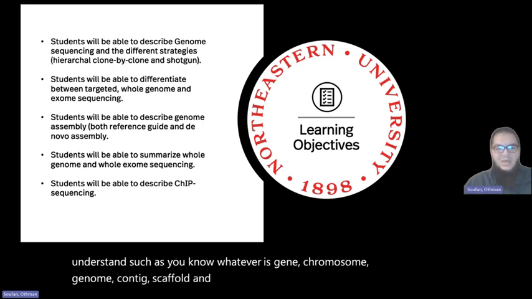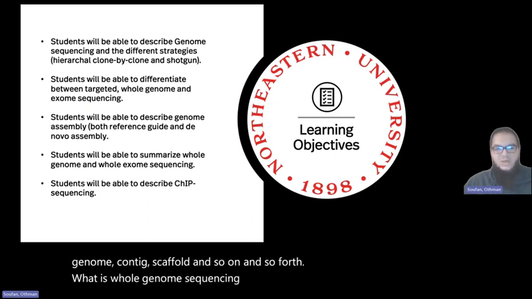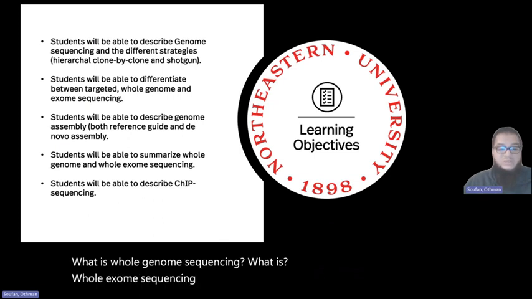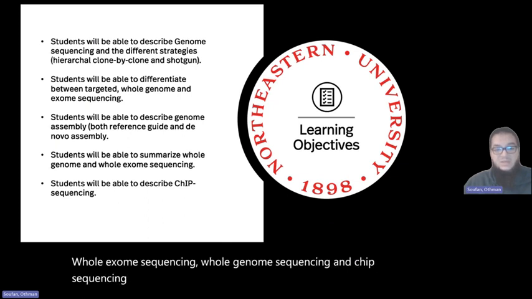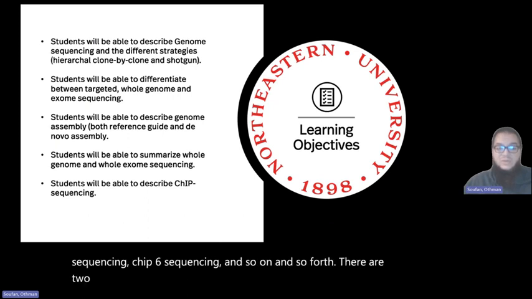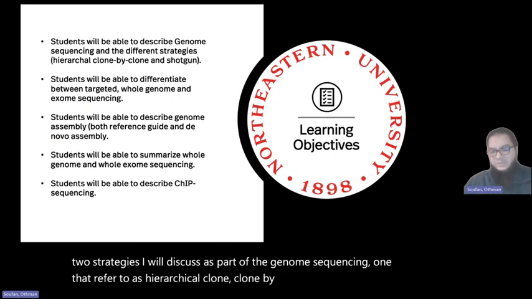What is whole genome sequencing? What is whole exome sequencing, and ChIP sequencing, or ChIP-Seq, and so on. There are two strategies I will discuss as part of genome sequencing, one referred to as hierarchical clone by clone, and shotgun.